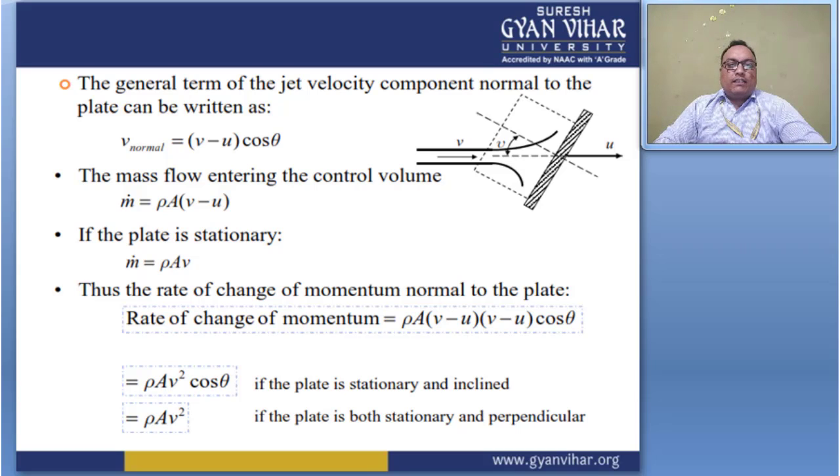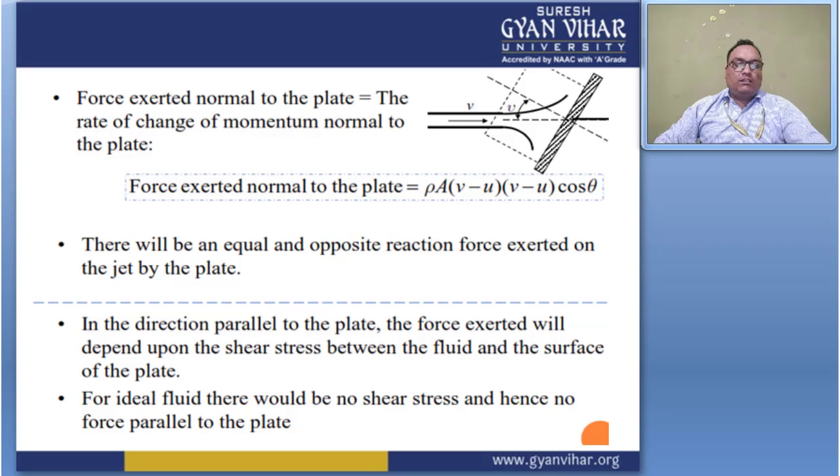The force exerted normal to the plate is equal to the rate of change of momentum normal to the plate. If the plate is moving with velocity u, then the force normal to the plate is rho a (v minus u) cos theta, and there will be an equal and opposite reaction force exerted on the jet by the plate.